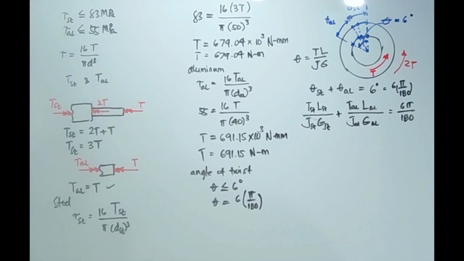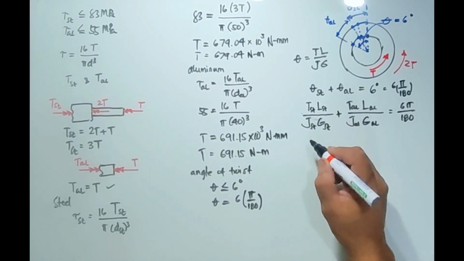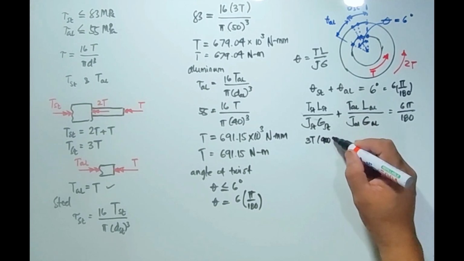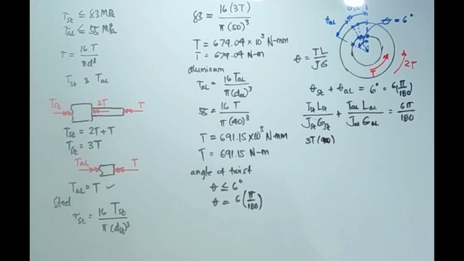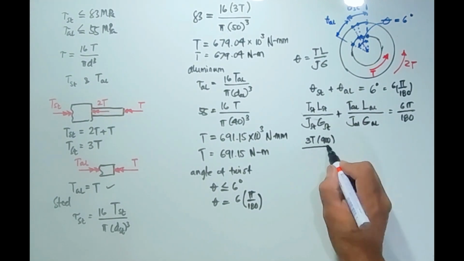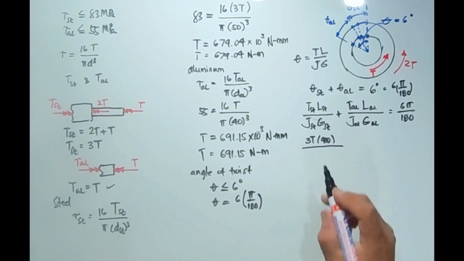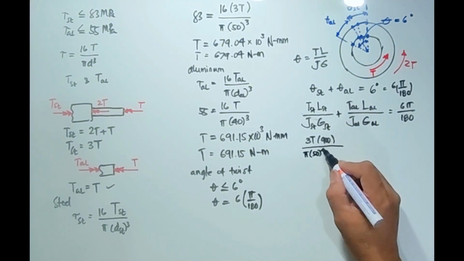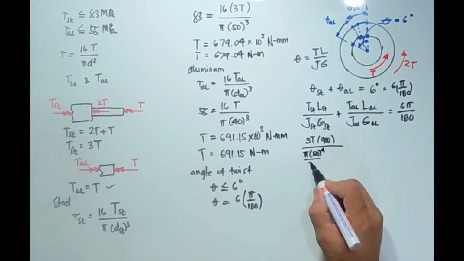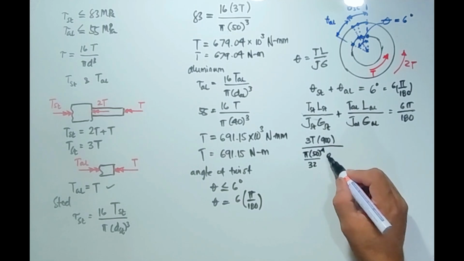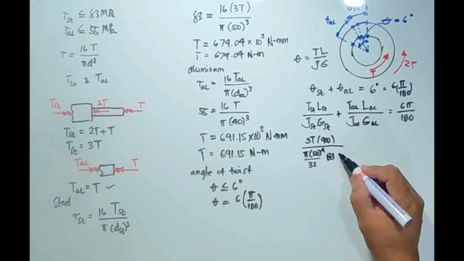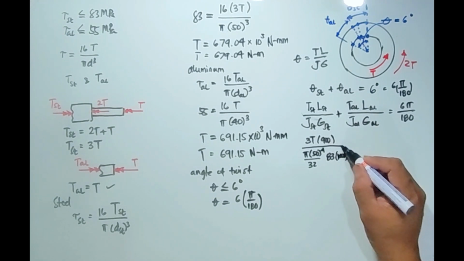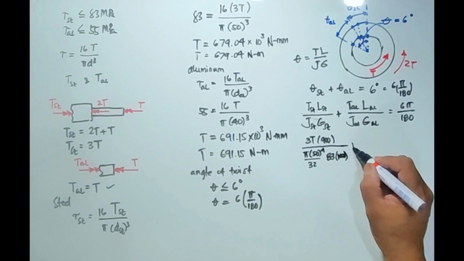So T sub ST is equal to 3T times the length, which is given to be 900 millimeter, divided by J, which is pi times its diameter to the power of 4 divided by 32, times the modulus of rigidity in gigapascal, then we'll multiply by 1000 to make it megapascal.